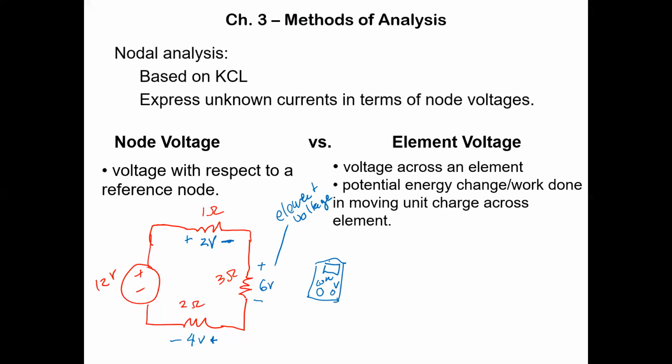Here's my voltmeter, here's the display. Which end would I hook up the common wire to? The minus side, the low energy side, right? And which end would I hook up the positive side to? The high energy side, right? So this would kind of go here. And that would display 6 volts on the voltmeter, if you have it hooked in the right setting.